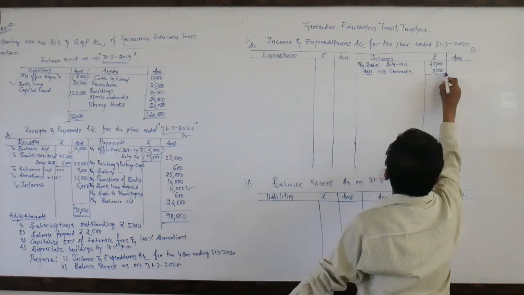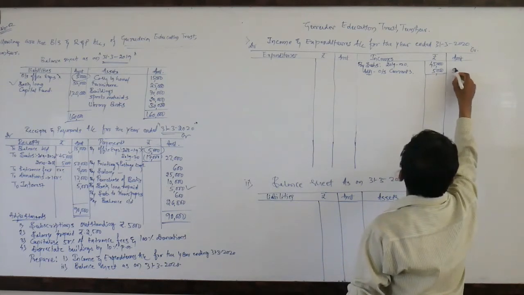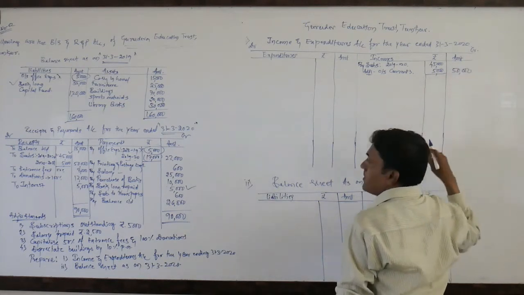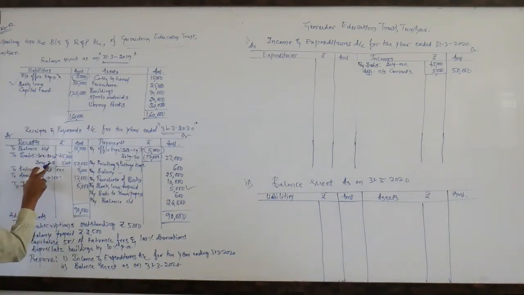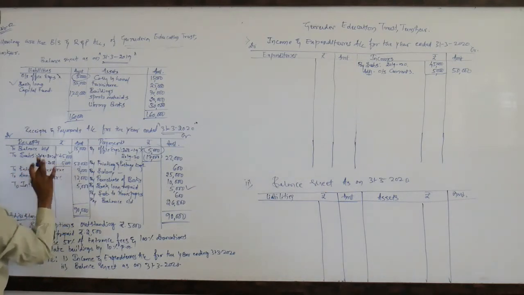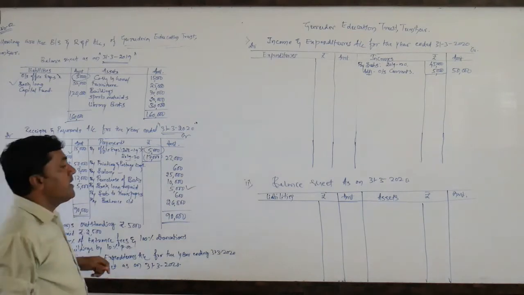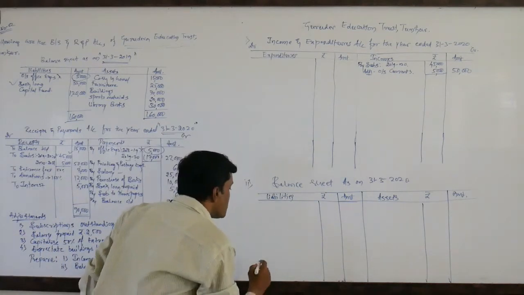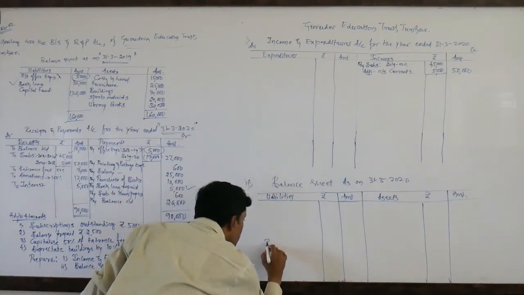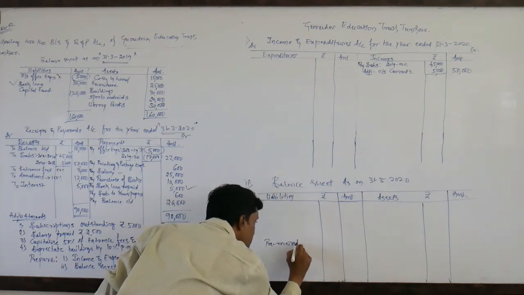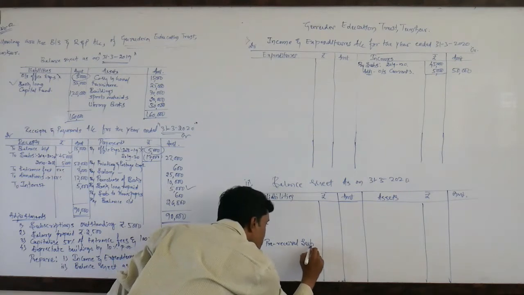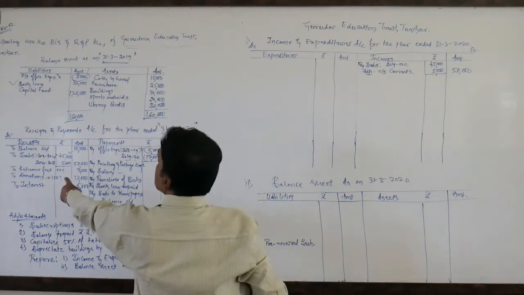The total subscription of the current year is rupees 50,000. Dear students, this subscription they have already given separately, that is 5,000 for the next year, means it is pre-received subscription. It is to be shown on the liability side of the balance sheet. Pre-received subscription of rupees, how much? 5,000.